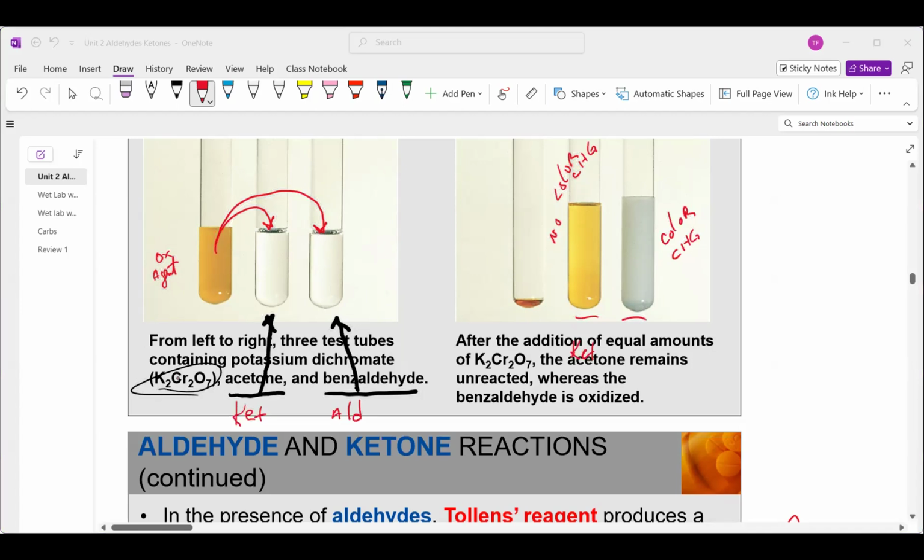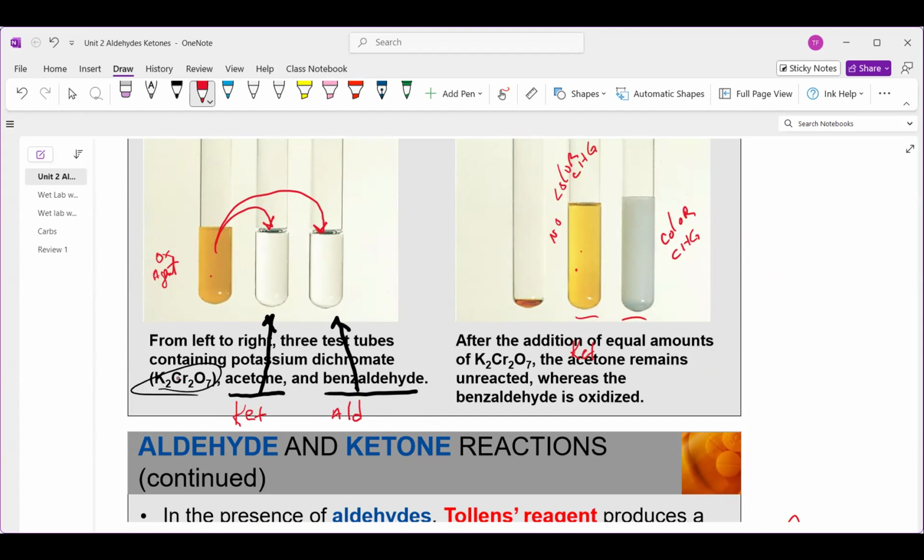The oxidant is going to change colors if it's reduced and oxidizes whatever. Okay, so when we dump those together, we notice there's no change here. It goes from orange to orange. That means no oxidation occurred. That means that was the test tube with the ketone in it. Ketones can't be oxidized.